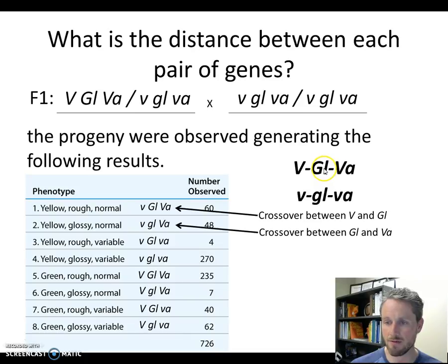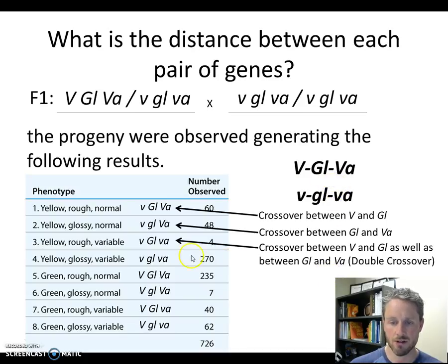But then to get the lowercase VA back, I have to cross over again between GL and VA. So I have a crossover event between V and GL and a crossover event between GL and VA. So I say that this had crossover between V and GL as well as between GL and VA. This is what we call a double crossover progeny. Again, that's why it has such a low frequency.